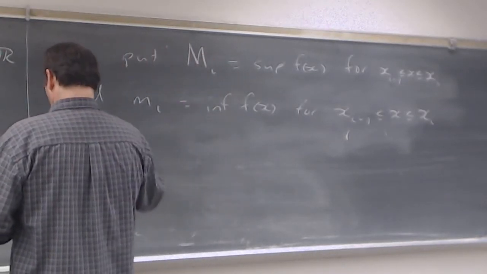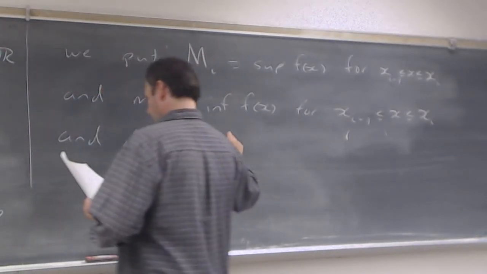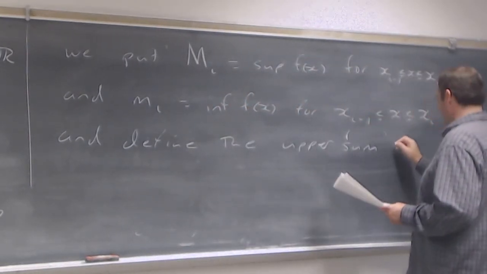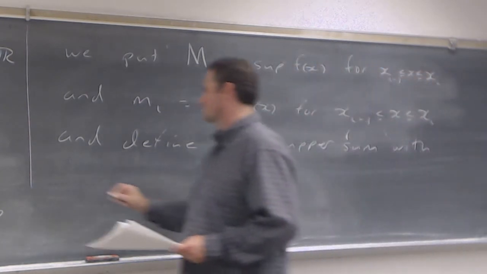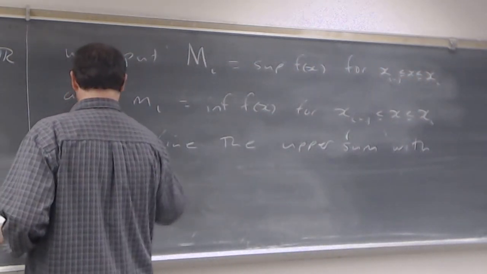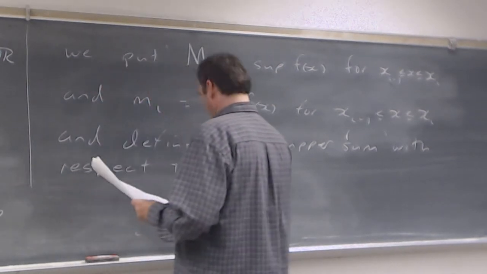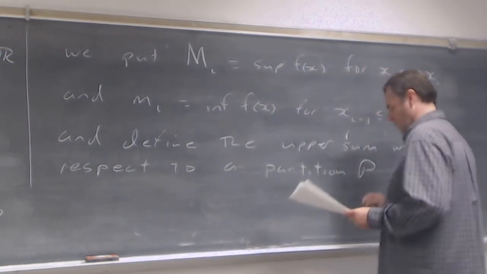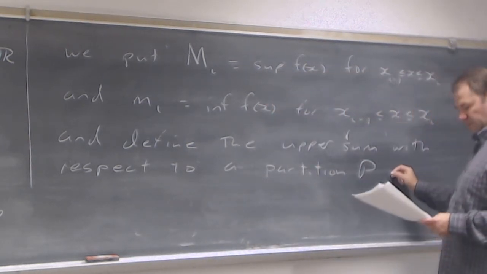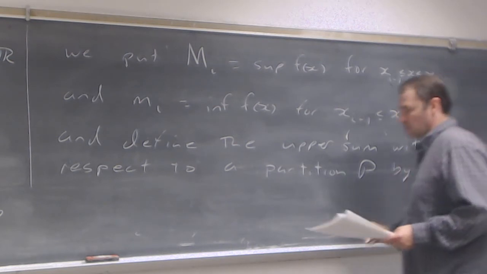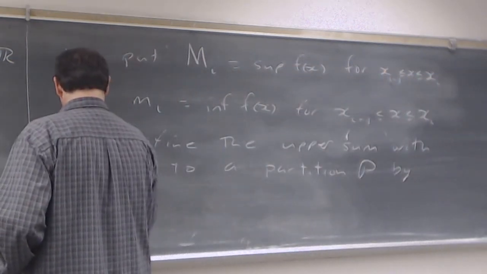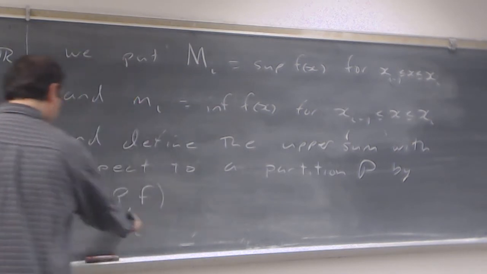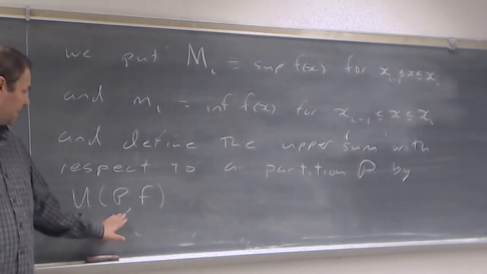And we define the upper sum with respect to a partition P. It's denoted by U of script P, then f. So this upper sum depends on P and f.